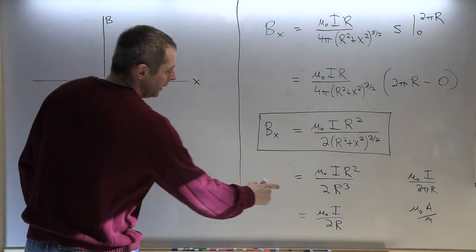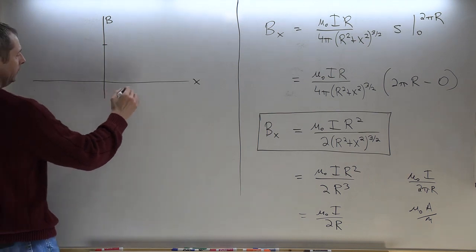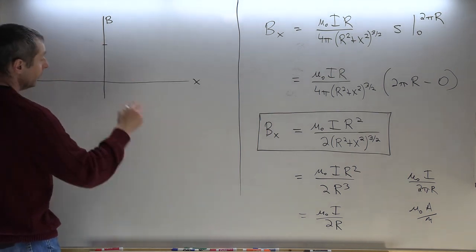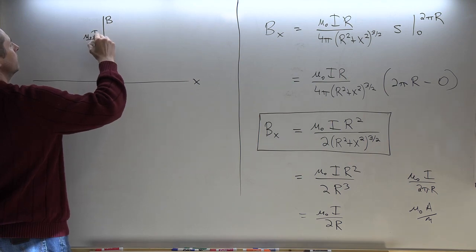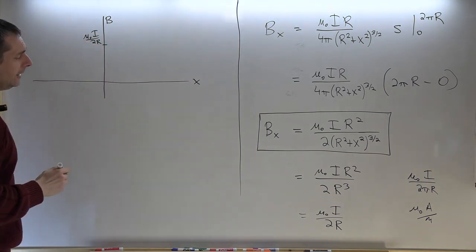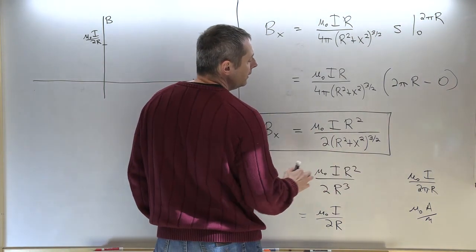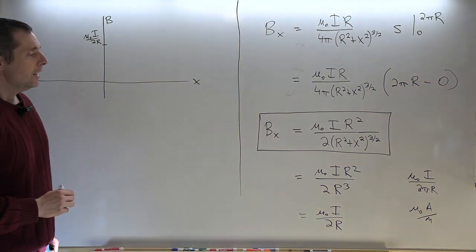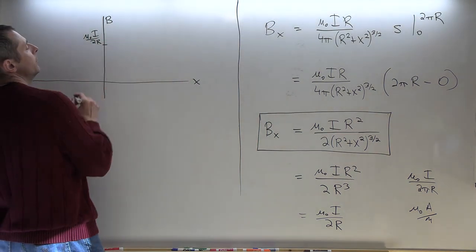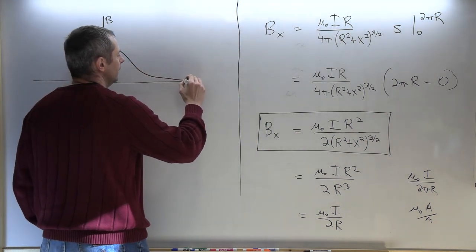If you look at this, the magnetic field at x equals 0 is that value, mu 0 I over 2r. And then on this graph, as x gets bigger, this denominator keeps getting larger, so the field gets smaller. So this is a maximum, and the function decreases in some kind of form like this.